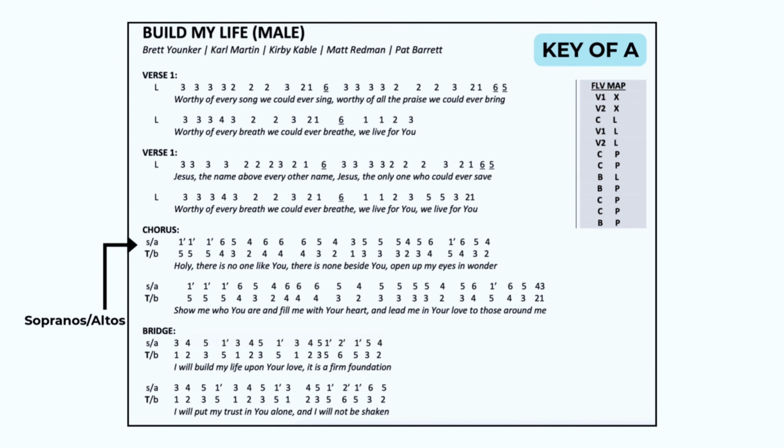So it's this A, not this A. We want to do the higher A because there's an apostrophe. Here's the soprano alto part. 1, 1, 1, 6, 5, 4, 6, 6, 6, 5, 4, 3, 5, 5, and so on.